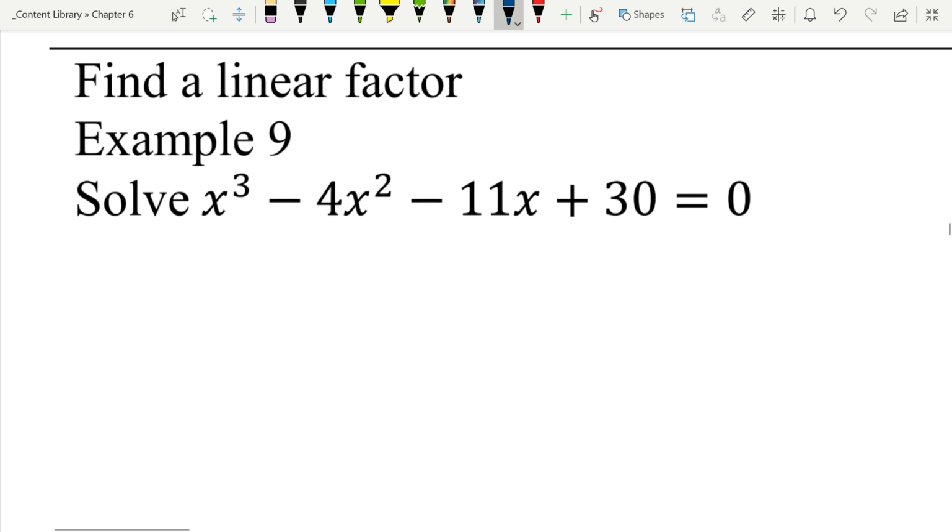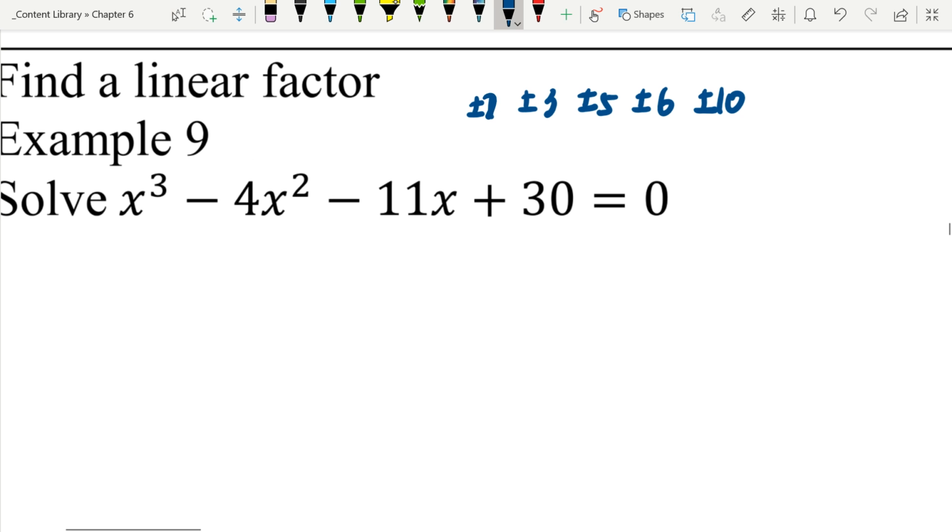What are the factors? 2, there's 2 as well, plus minus 1, plus minus 2, 3, 5, 10, 15, and 30. Well, 10, 30, 50, I don't think I want to bother at all. We don't used to think about those ones, too large. So I'll start from 1 to 3 to try it.